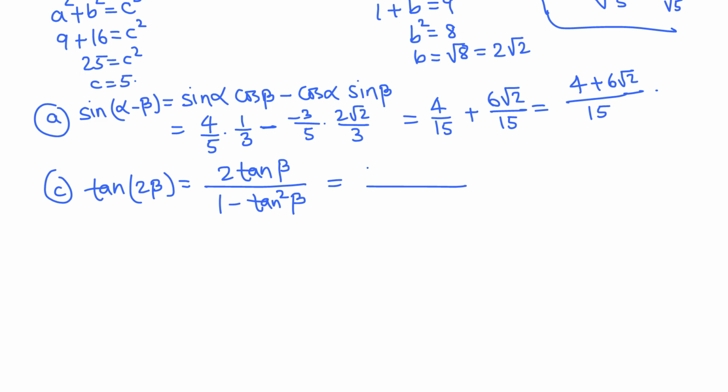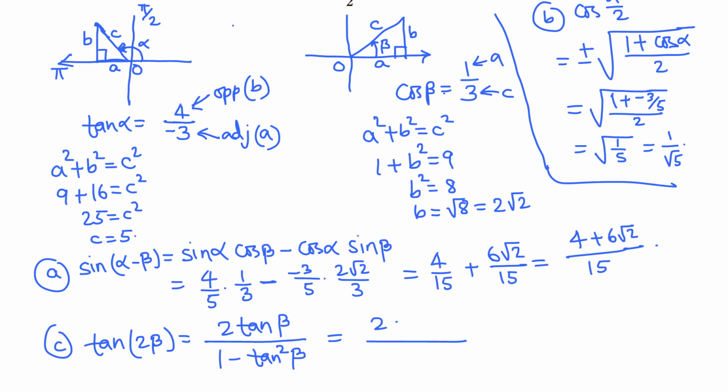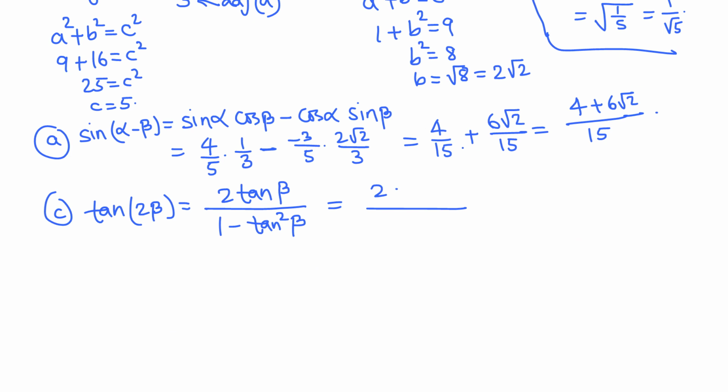Okay, let's plug in: 2 times tangent beta. Tangent is B over A. B is 2 root 2 over A is 1. 2 root 2 over 1 is just 2 root 2.